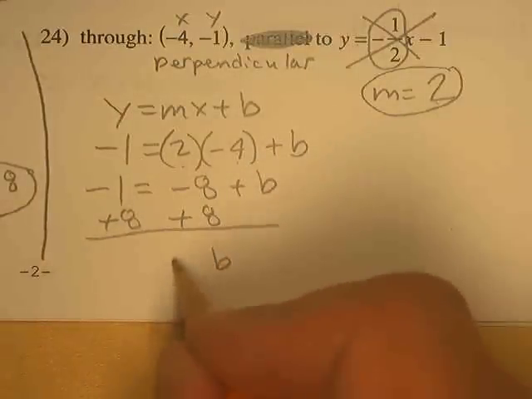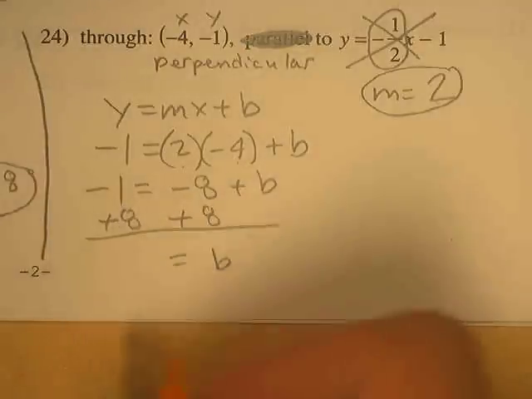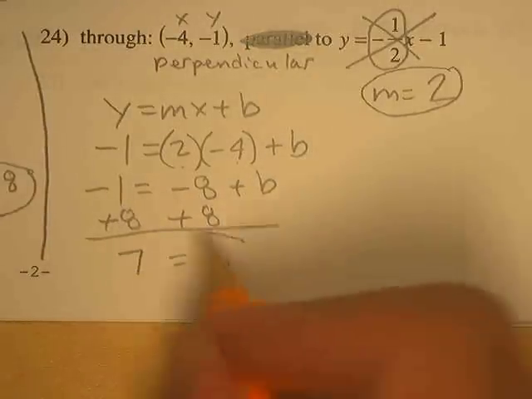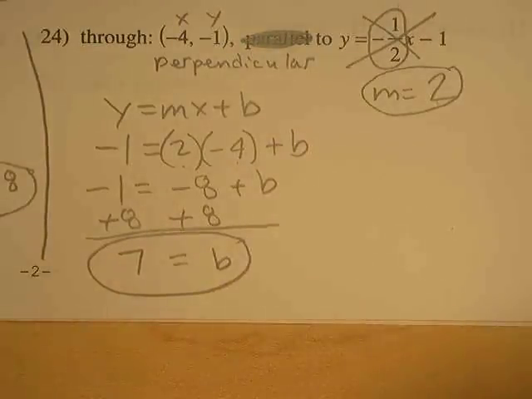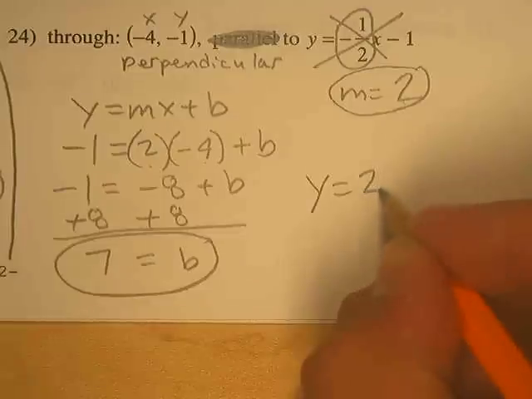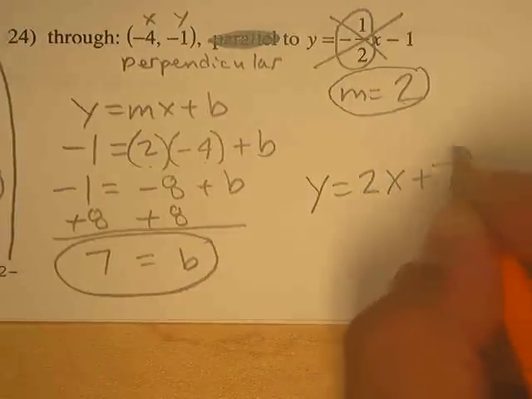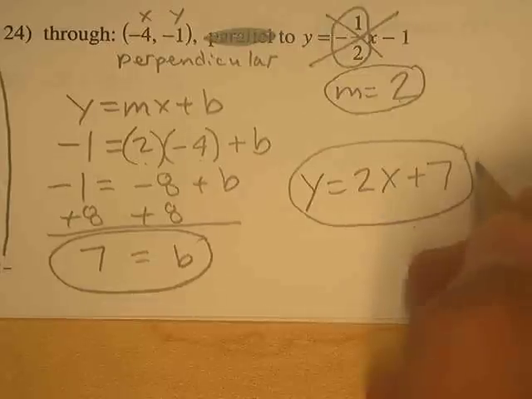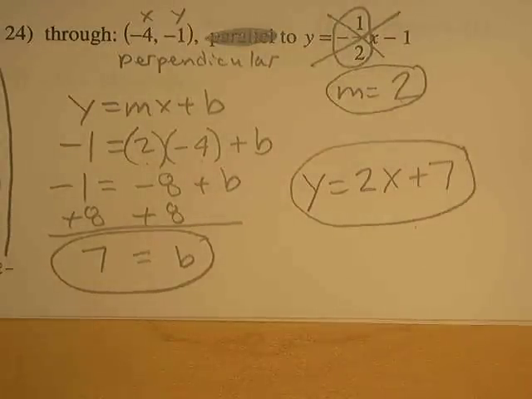So I have negative 1 equals negative 8 plus b. And I have to add 8 to both sides. When I do that, I have b is equal to negative 1 plus 8, which is 7. So now my new equation is going to be y equals 2x plus 7.